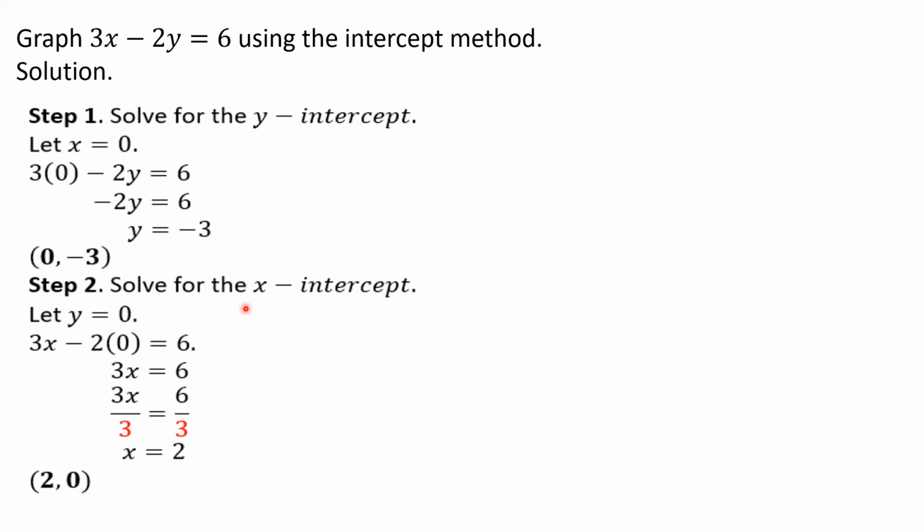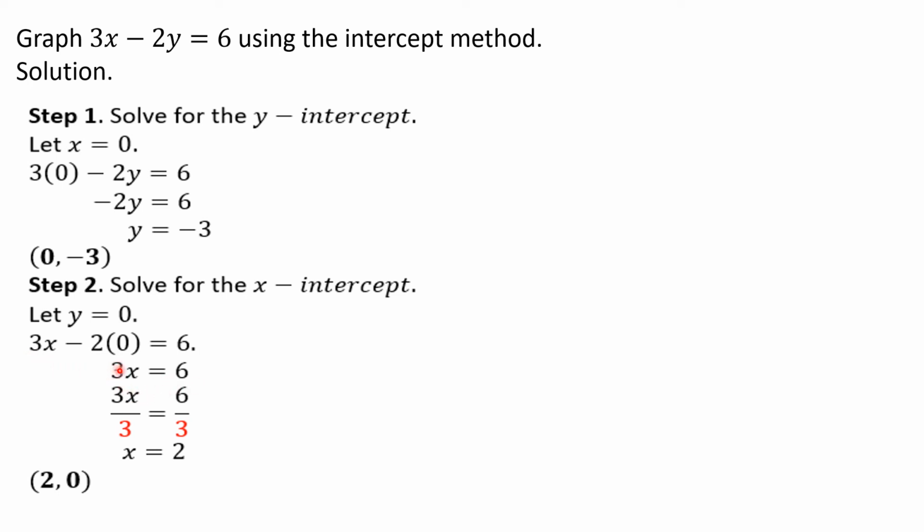Okay, so to solve for the x-intercept, let y equals 0. The y variable, we make this into 0. So, we have 3x minus 2 times 0 equals 6. And simplifying, we have 3x equals 6.